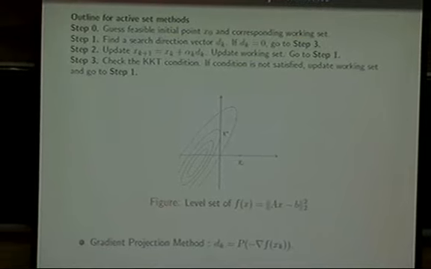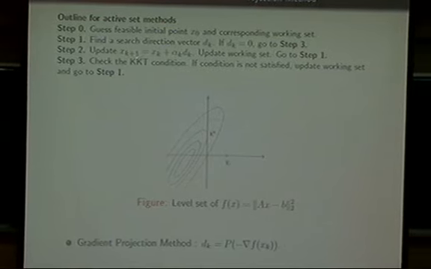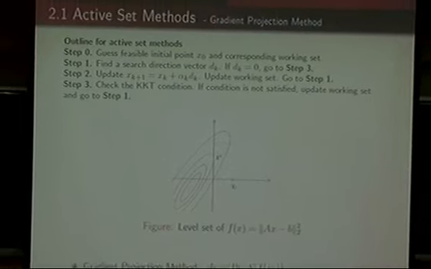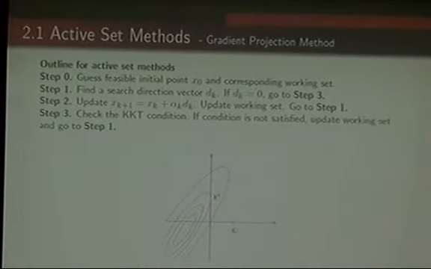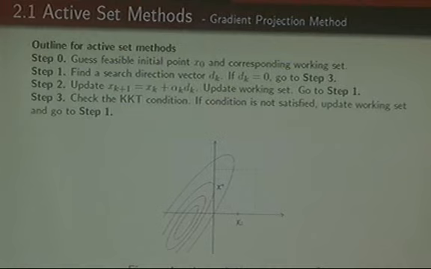If it is not 0, we update along that search direction. After arriving at the minimum along that direction, we check the KKT conditions. If they are satisfied, that's right. Otherwise, we update the active set. That is the active set method.